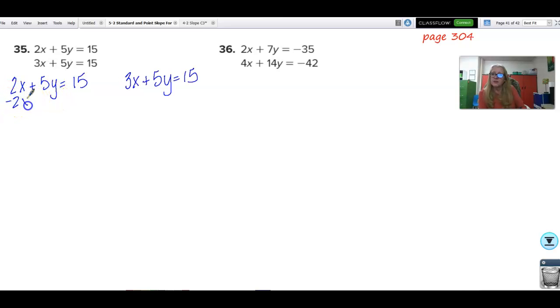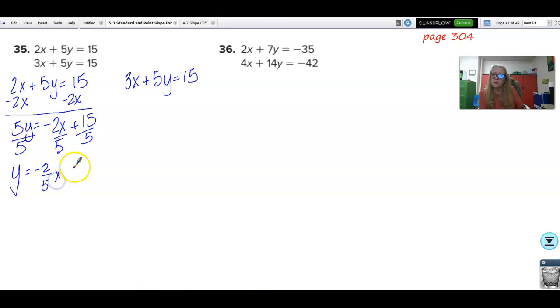I'm going to subtract 2x from both sides. That gives me 5y equals negative 2x plus 15. Divide everything by 5. And it gives me y equals negative 2/5 x plus 3. Over here, subtract 3x from both sides. Gives me 5y equals negative 3x plus 15.